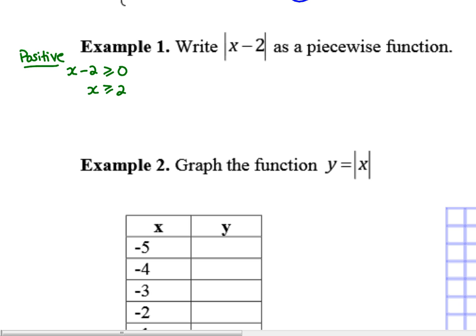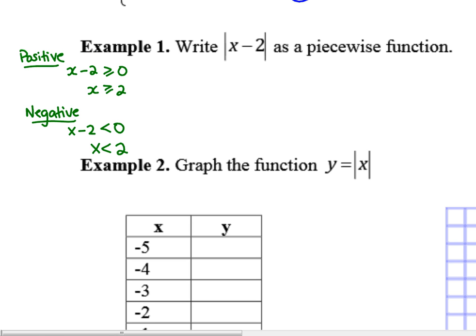What's the negative case? When is it going to be a negative number? When it's 2 or less. So it's negative if x minus 2 is less than 0. Notice I didn't put the equal to symbol because we only apply it to one of them. Add 2 to both sides, when x is less than 2.